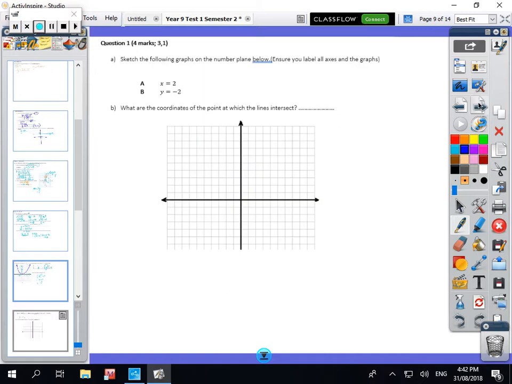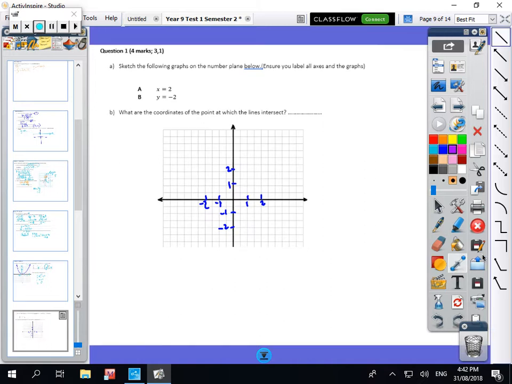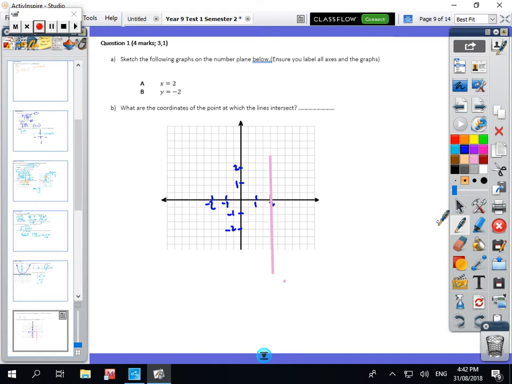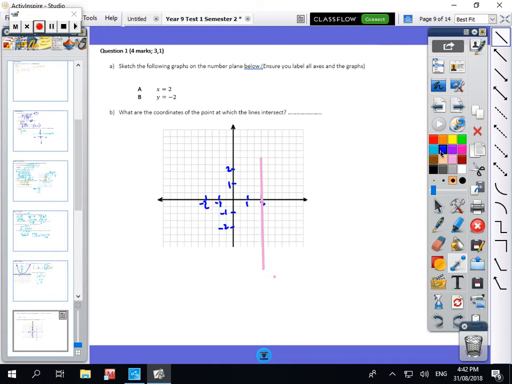Okay, come across. Sketch the following. The first line is x equals 2, so that's going to be a vertical line. And then the next line is y equals minus 2, which is a horizontal line.